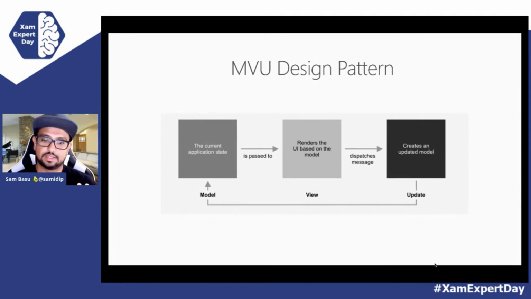So it is in a way more tied to the view, like what the user is seeing at that point of time. And the model drives the view directly in terms of what the updates are to the DOM, to the visual tree, and then the view dispatches messages through commands, and then you come back and you update the state. And the state can be mutable or immutable based on how you're doing it.